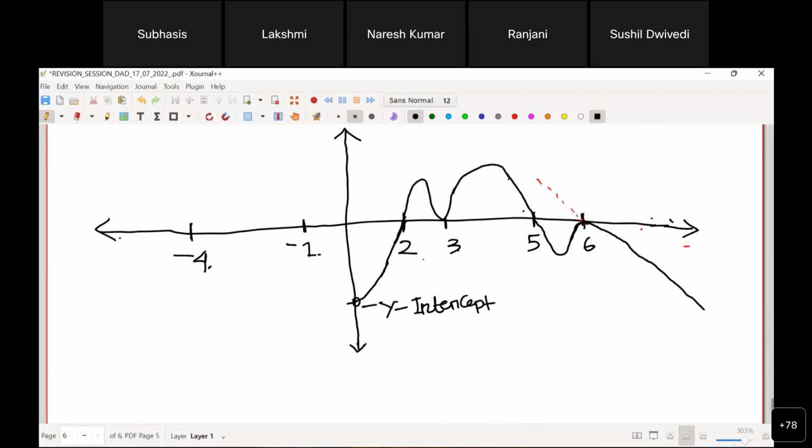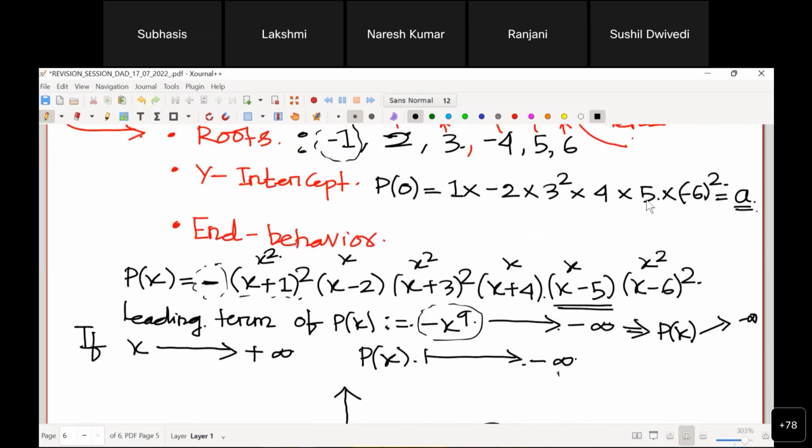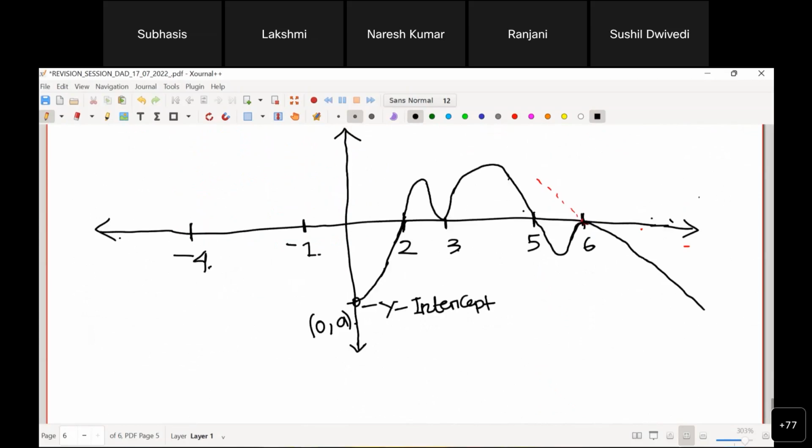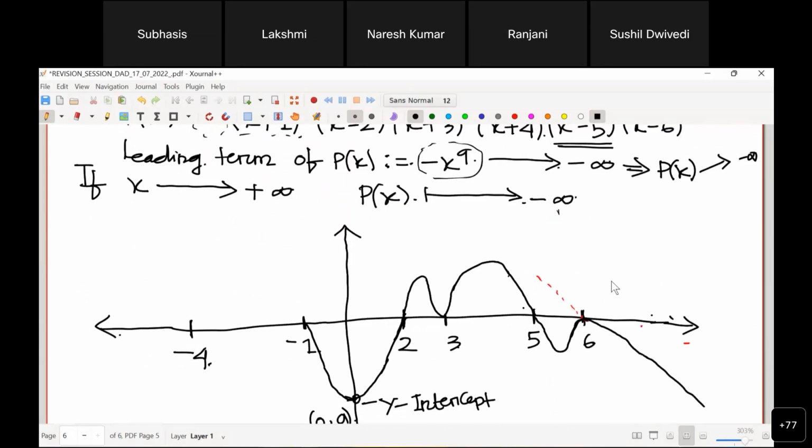Again you can compute the y-intercept, which is (0, a). Once it crosses the y-axis, it will go towards, let's say, minus 1, and again we have to do the same thing.